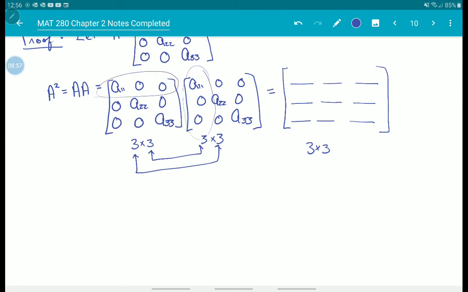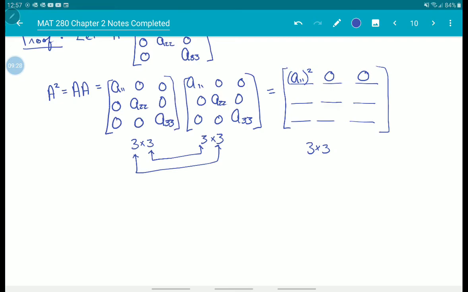So that's A11 times A11 plus 0 plus 0, which is just A11 squared. If I go down that second column, I'm going to end up with 0. And if I go down that third column, I'll end up with 0. So we're really just multiplying, now with very generic matrices.